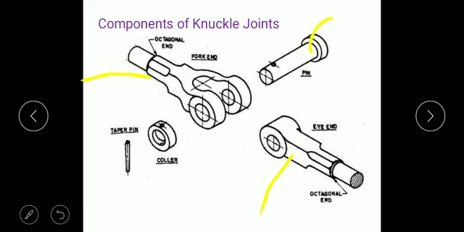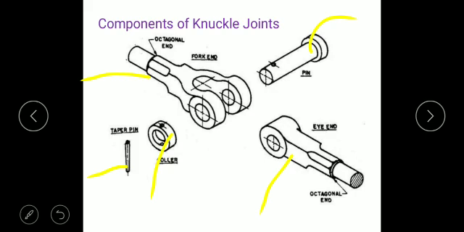This is the knuckle pin. And this is the collar for the pin, and this is the taper pin. Sometimes this taper pin is replaced by a split pin. So these four are the components of this knuckle joint. Out of these, three components we design.